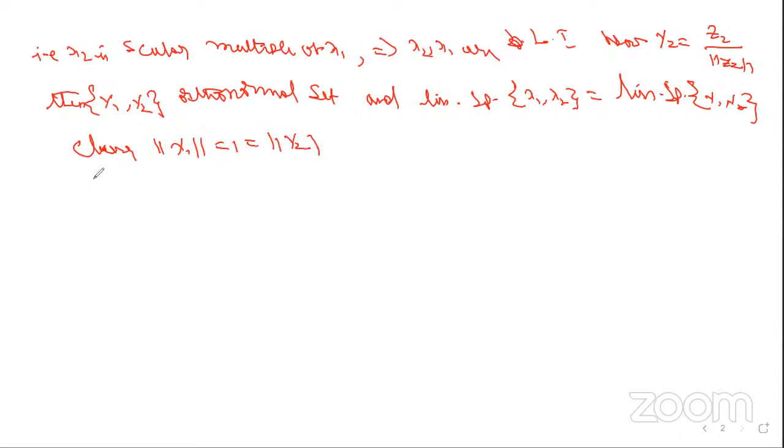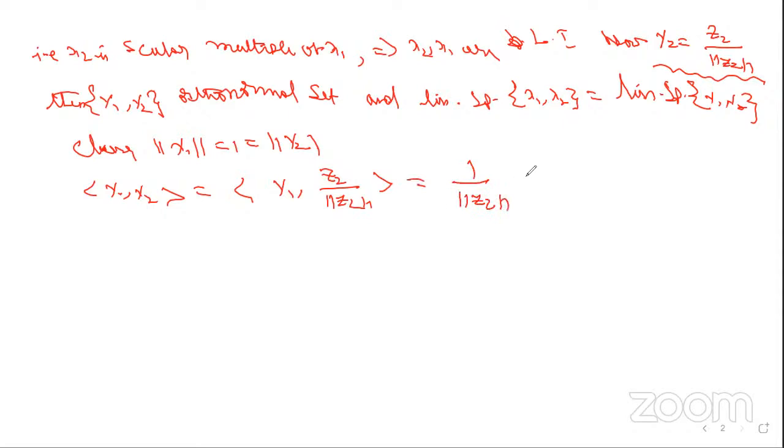Now the inner product of y1 comma y2 can be written as the inner product of y1 with z2 divided by the norm of z2. Taking 1 divided by the norm of z2 outside, inside we have the inner product of y1 comma z2.